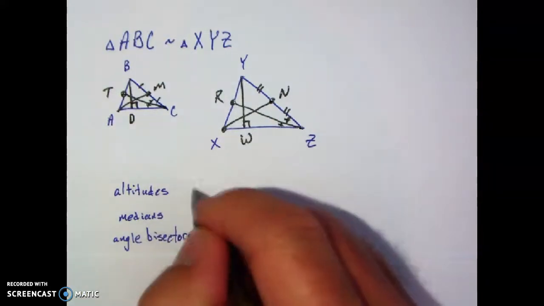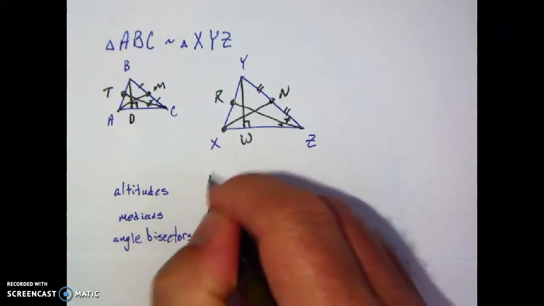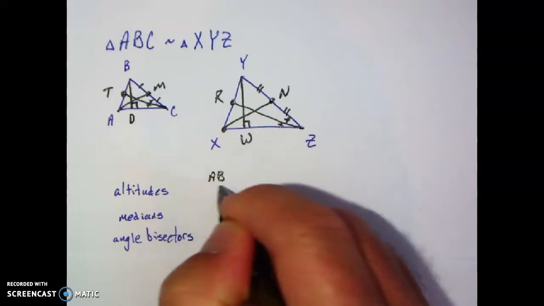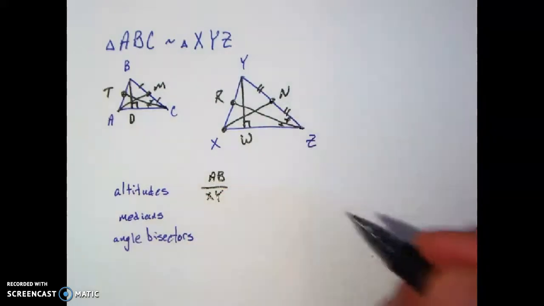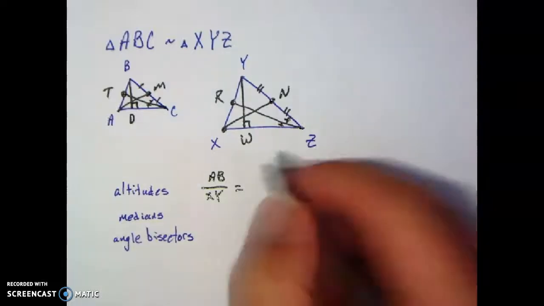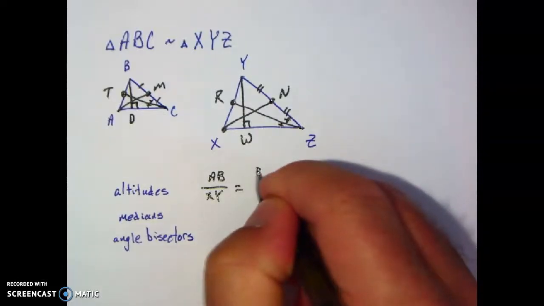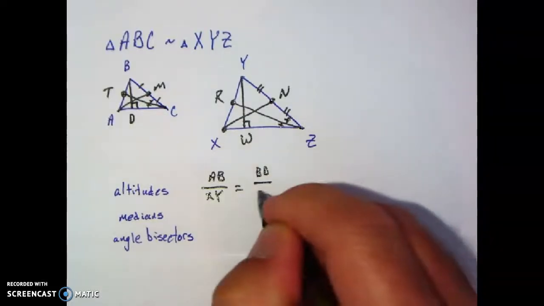So if I was looking for my altitude BD, I could say, well, I know segment AB and segment XY would have the same ratio as BD and YW.